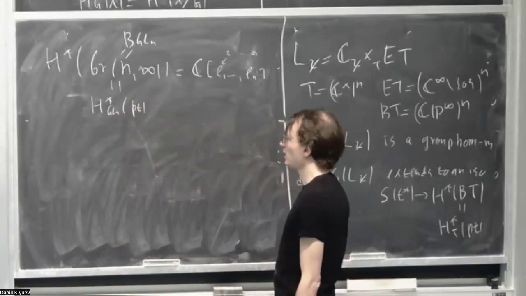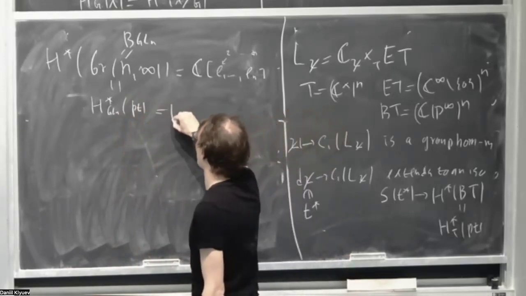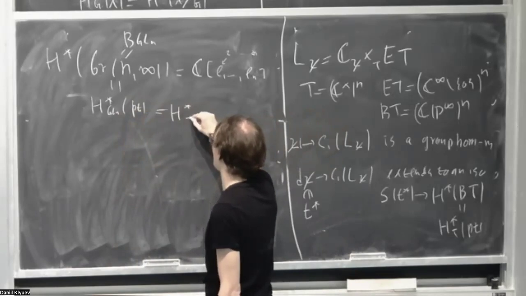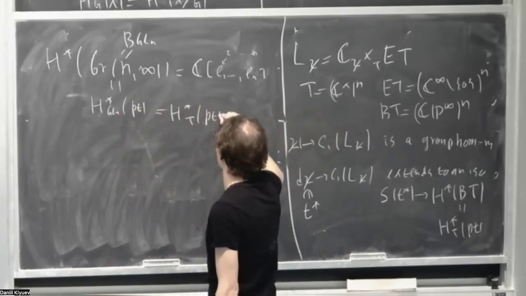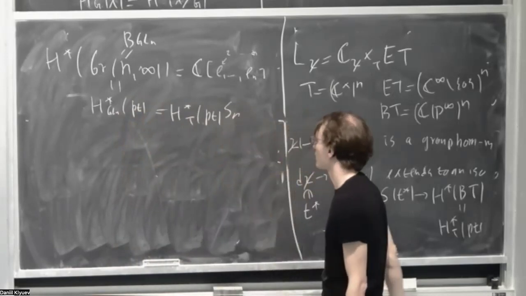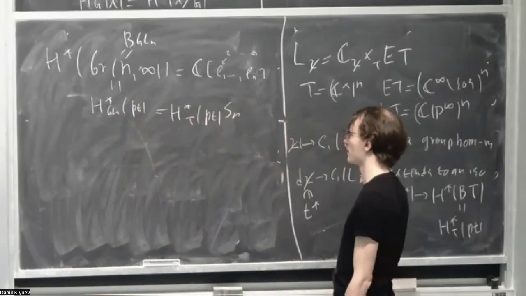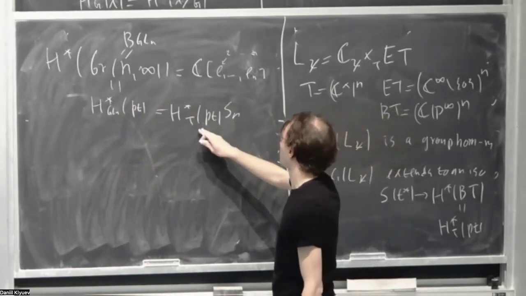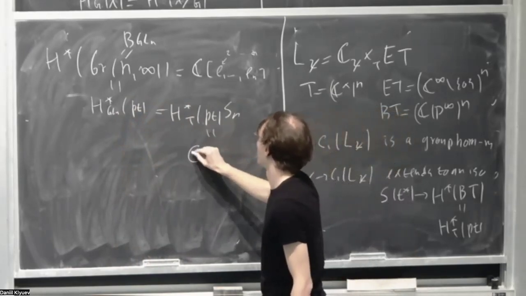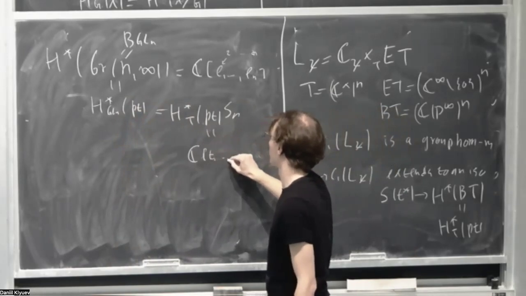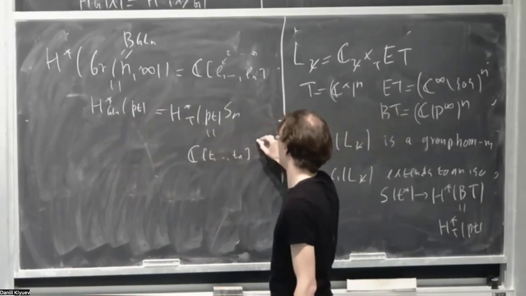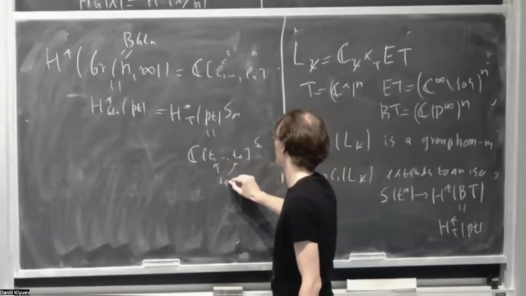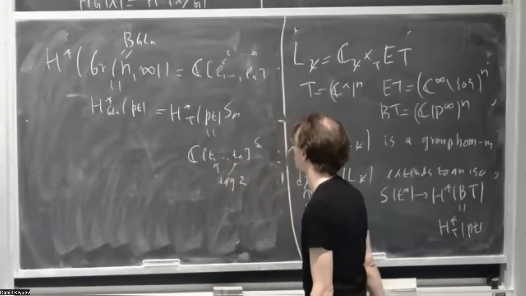And the statement is that this is actually H*_T(point)^{S_n}, where the Weyl group is S_n in this case. And what is this? This is C[T_1, ..., T_n], and these are variables all of degree 2.